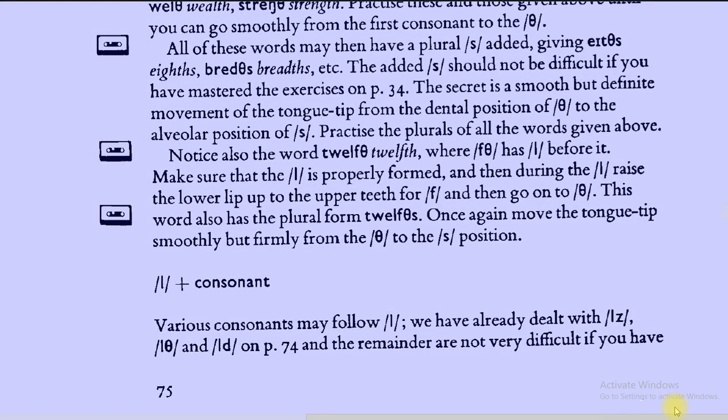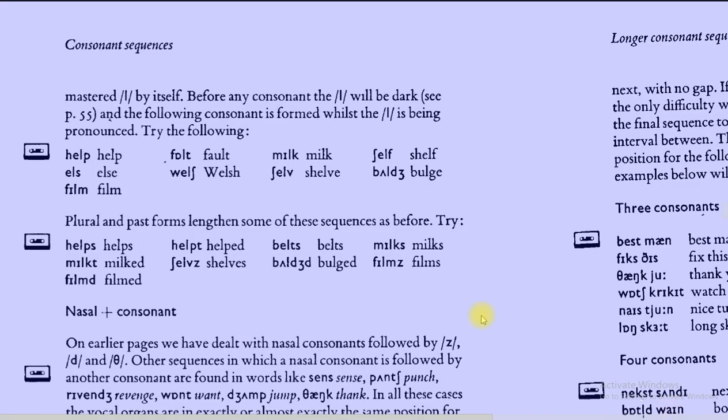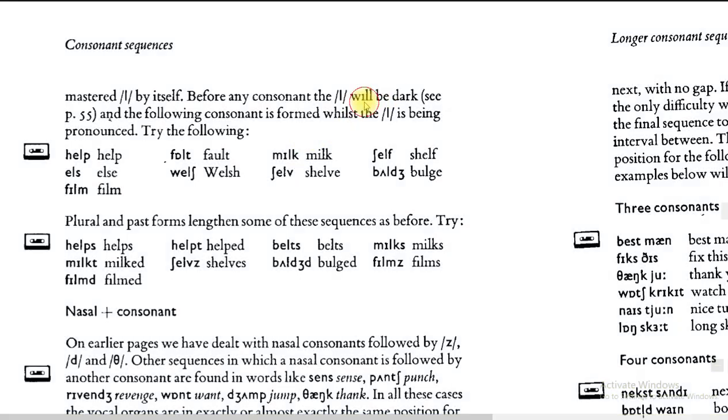Previously we dealt with this kind of consonant sequence: the L sound followed by Z, or followed by Th, or followed by D. The note here is that if L sound appears before a consonant, then it is produced as dark L. It is produced in a dark manner.